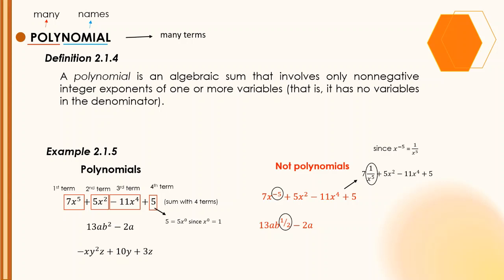So, these expressions can be equal to this one. So, meaning, pag mayroon kang nakitang expression na may radical sign, meaning hindi siya polynomial. Another example is this one. Instead na 2, ang exponent na lang niya is a. So, ang a is a variable. So, hindi siya non-negative integer.